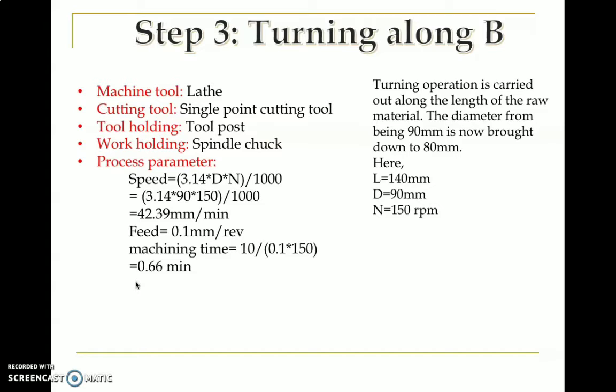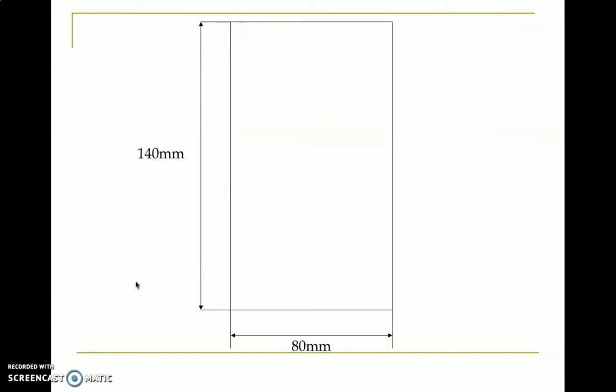So the machine tool is the lathe, the cutting tool is a single point cutting tool, the tool holding device is a tool post, and the work holding device is a spindle chuck. And the machining process parameters are also calculated as per the previous process. And this is the diagram of the raw material after the facing process and the turning process.